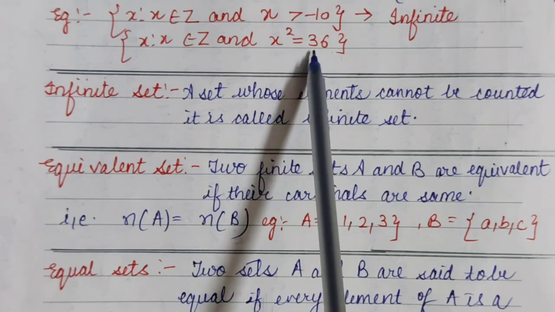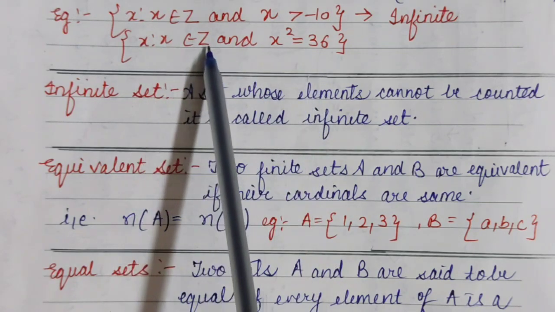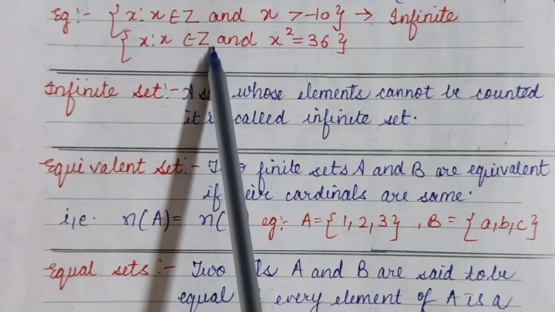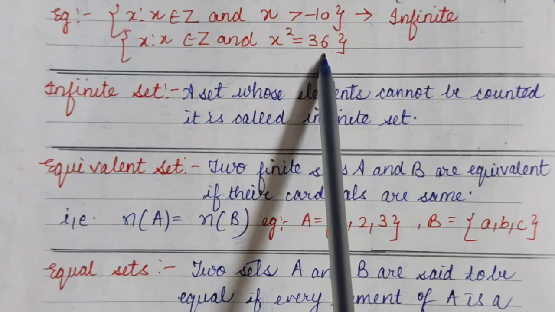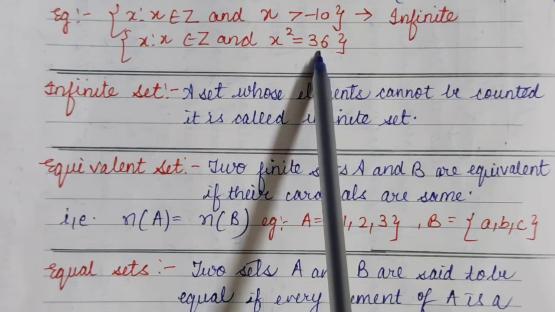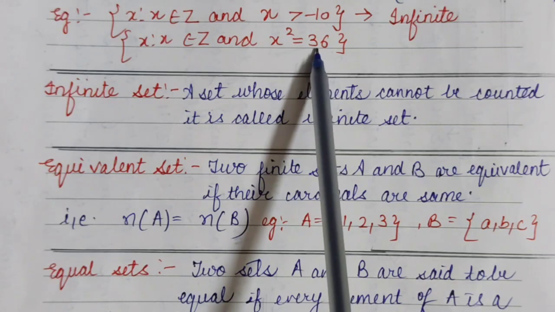So we can take both the values plus 6 as well as minus 6 because x belongs to set of the integers. So in this particular set only two values are going to come, which are 6 and minus 6. We know it is countable, that two values are only there. So we will say it is our finite set.